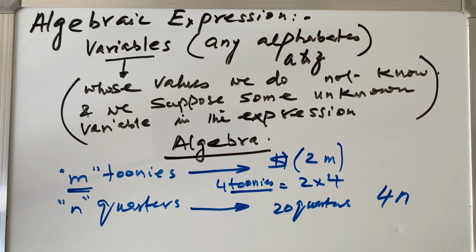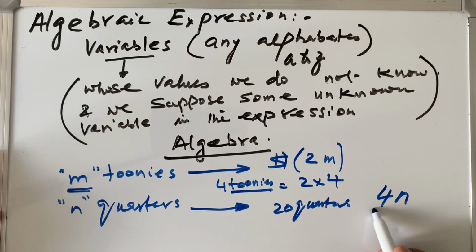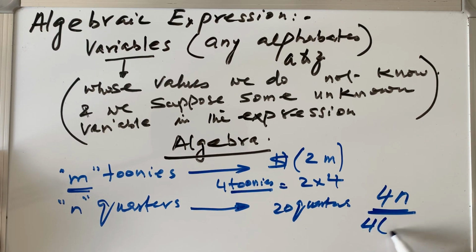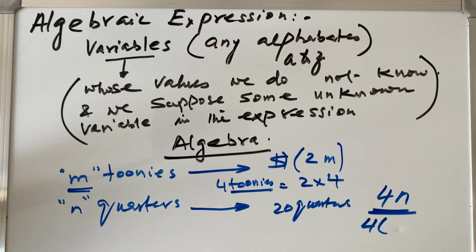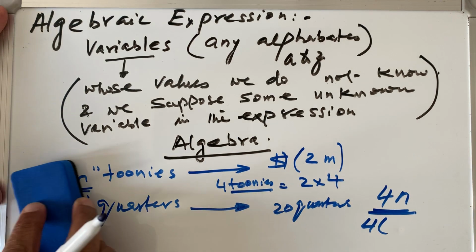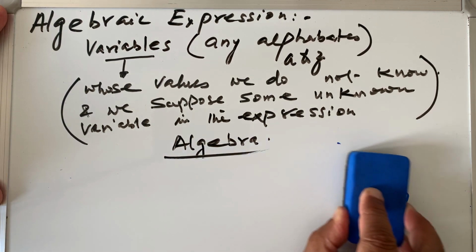So if Alex has 20 quarters, he can put it here. In this way, you can have an algebraic expression and then you can find the way to solve it.